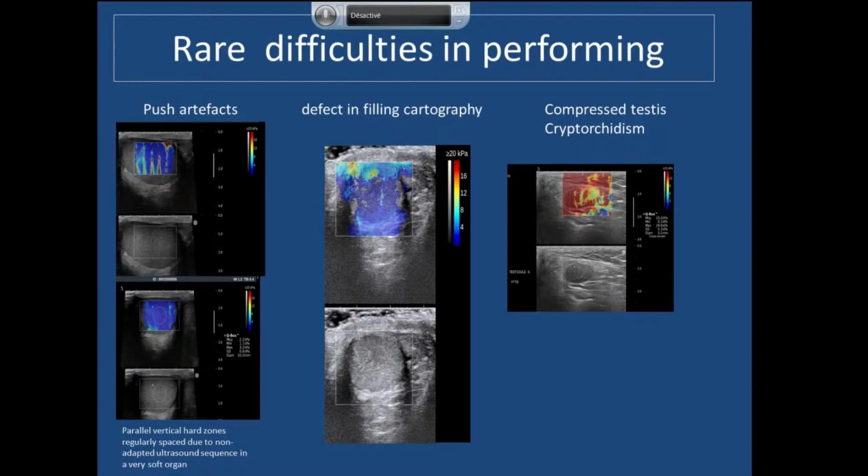You will see that if you use elastography in a longitudinal view, you have to turn the probe and perform the elastography on an axial view. Sometimes you may also observe some filling defects in the cartography, especially if there is a thick skin, and if the testis is located inside the abdomen, the result of elastography will probably be wrong.